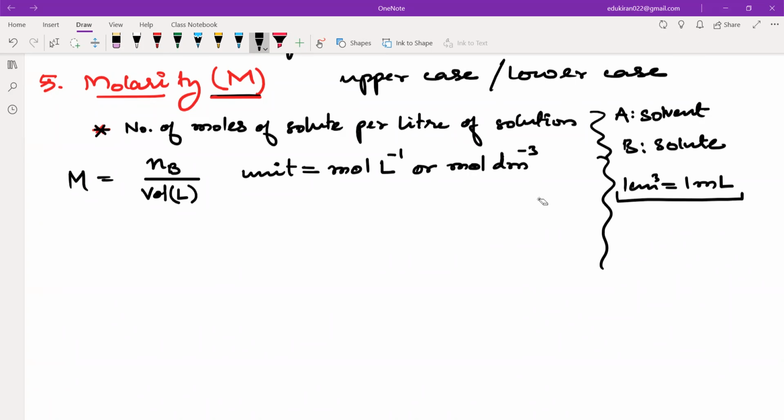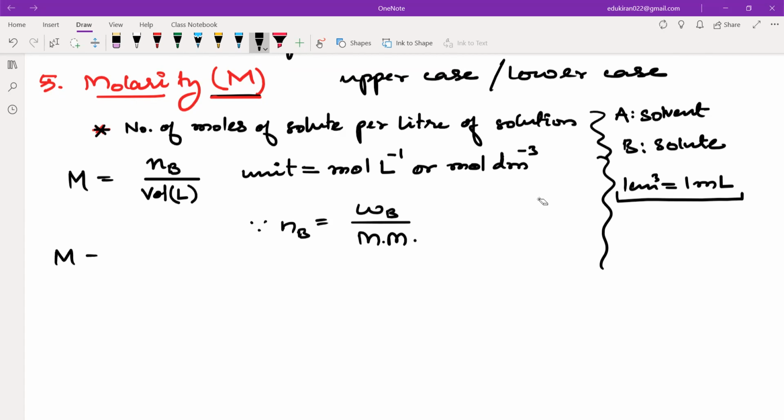So you can also further write the equation. We know n_B, what is number of moles equal to? Number of moles is equal to the given mass divided by the molar mass, right? Both of these for solute.